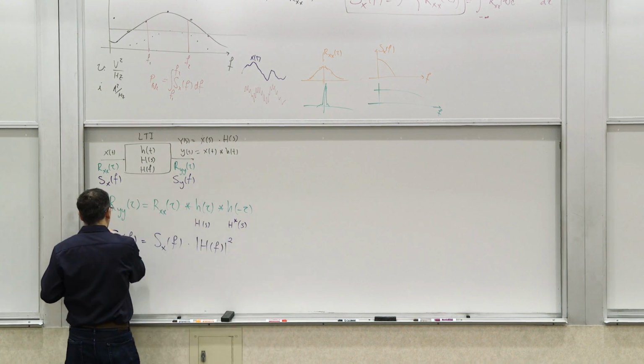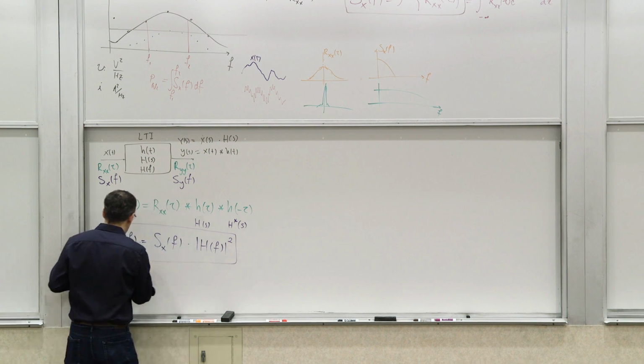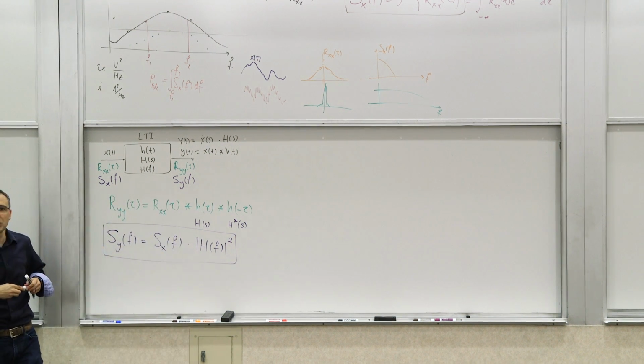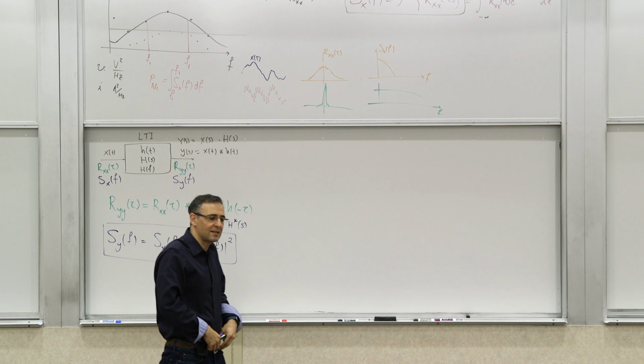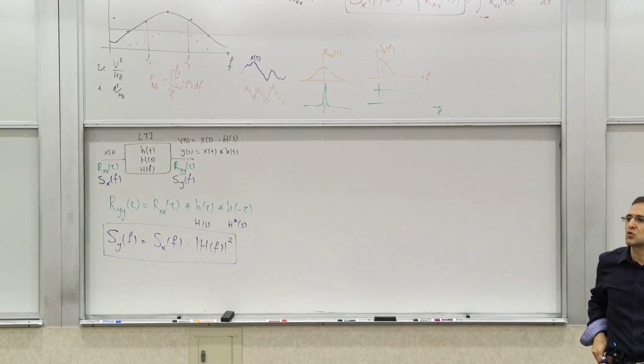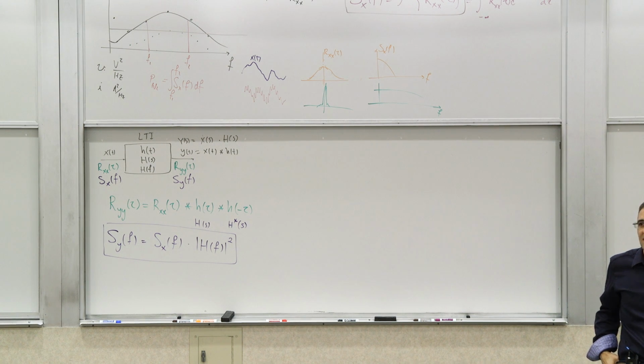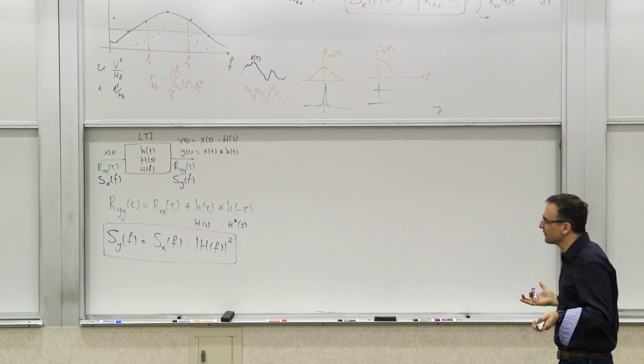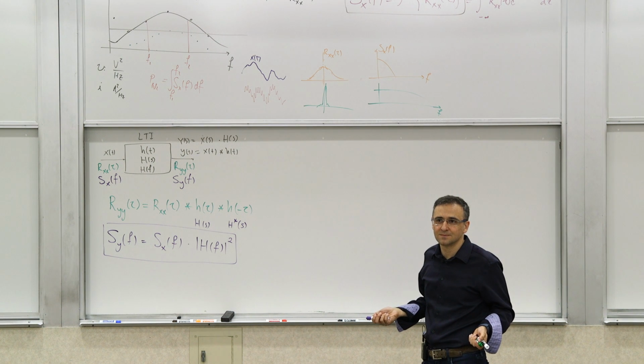And this is a key result, because it says whatever power spectral density you have at the input will get multiplied by the transfer function magnitude squared. So essentially, the transfer function shapes the noise.